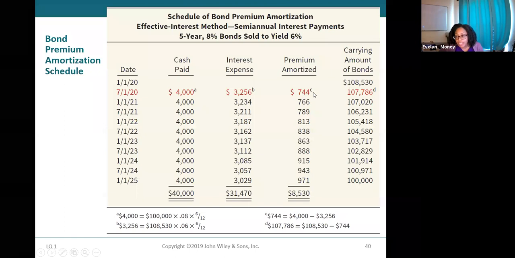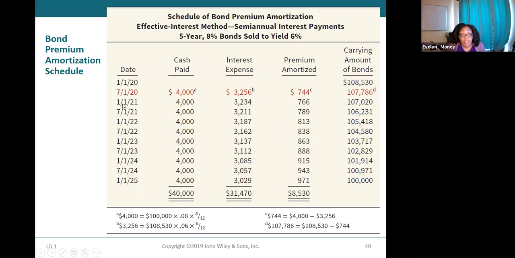This is where it gets a tiny bit tricky because instead of adding this premium to the carrying amount of bonds, it will be subtracted because when we do our entry, we're going to end up debiting premium on bonds payable, and that's going to lower that premium, which will in effect lower the carrying value because that is an adjunct liability account. So notice that the carrying value continues to get smaller so that at the end of the life of these bonds, the carrying value is equal to the par value of these bonds.